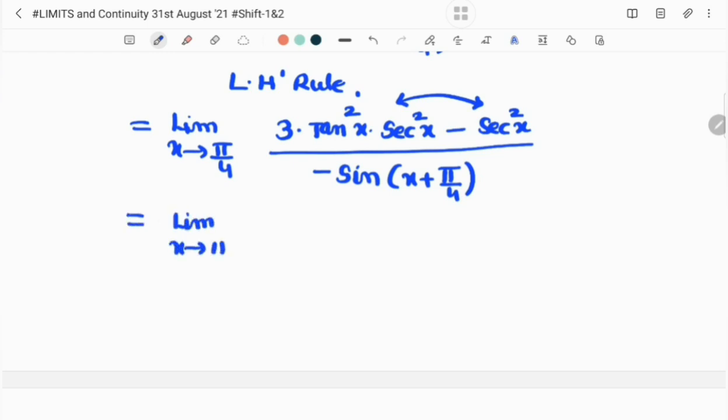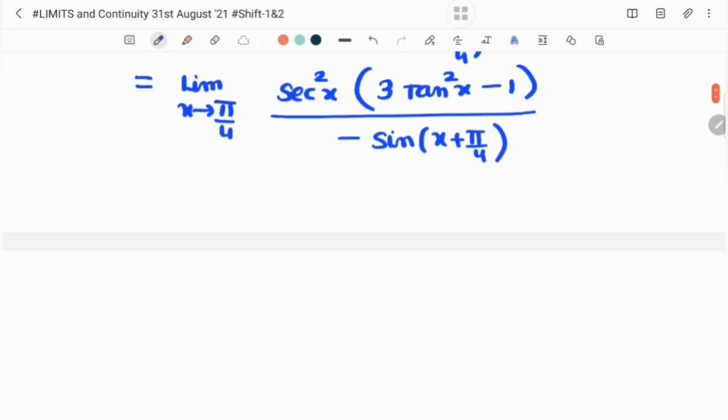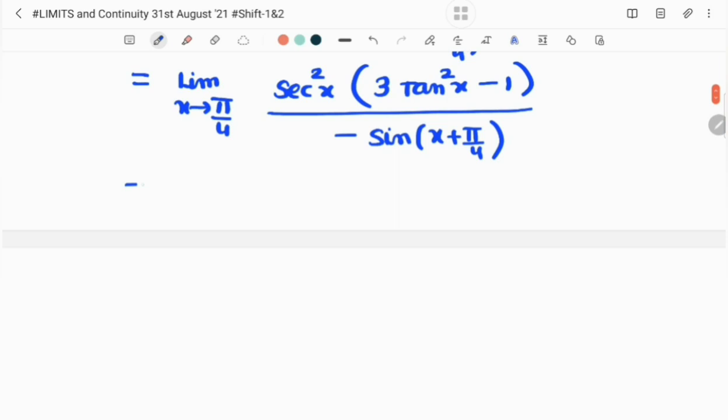So it is equal to limit x tends to pi by 4, taking common secant square x, of (3 tan square x minus 1) divided by minus sine of (x plus pi by 4). Now directly substitute x equal to pi by 4. Cos pi by 4 is 1 by root 2, so secant pi by 4 is root 2, and root 2 whole square is 2.